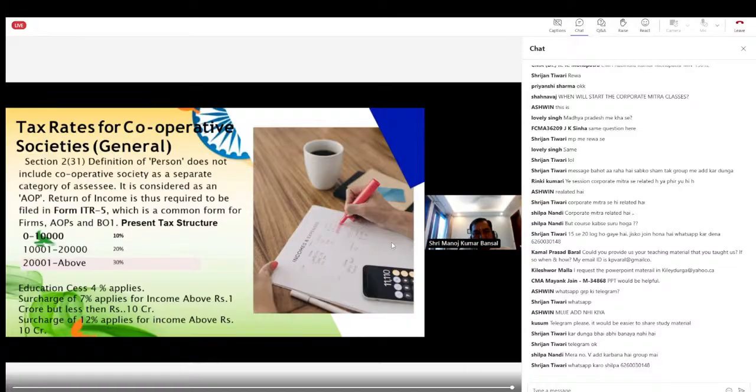It has been pointed out by CAG that in the PAN number of the cooperative societies, the letter A was missing; rather, BOI or firms was mentioned.